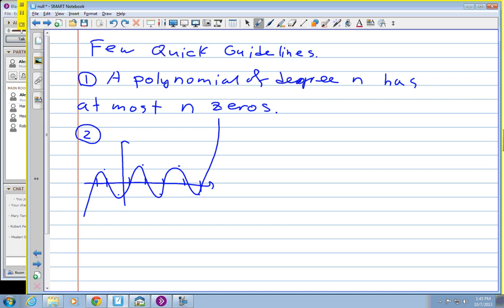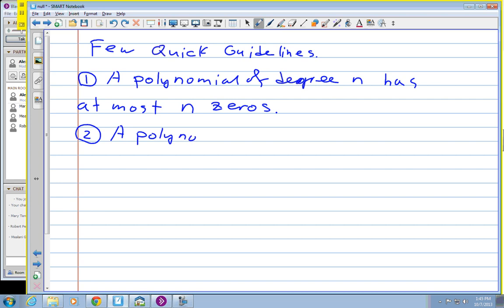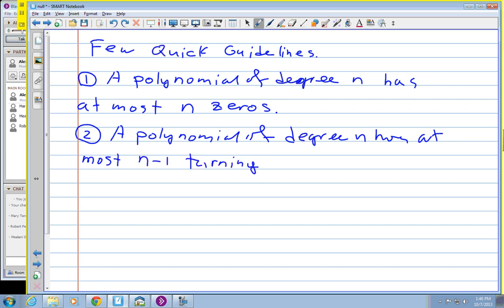So an nth degree polynomial has at most n minus 1 turning points.